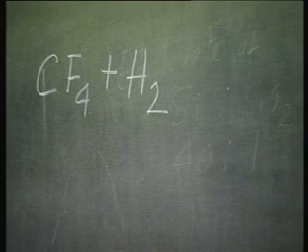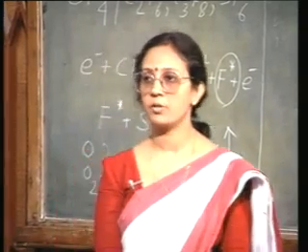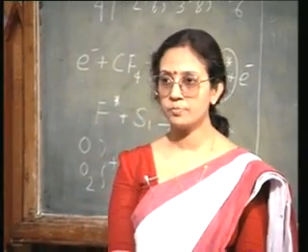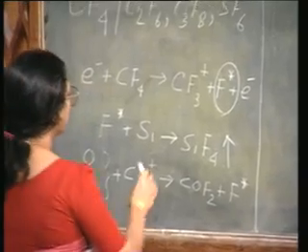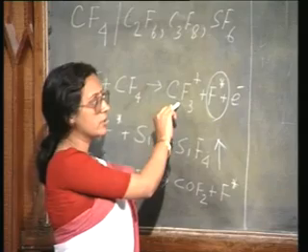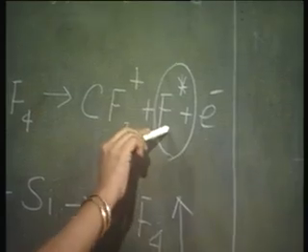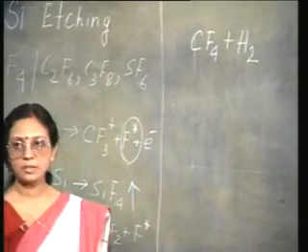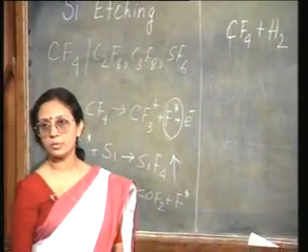Instead of that, therefore, what is done is this. You use a small quantity of hydrogen along with CF4. So, what will hydrogen do? Remember, CF4 inside the plasma gave rise to CF3 plus active fluorine species. Hydrogen is going to suppress the formation of this active fluorine species.